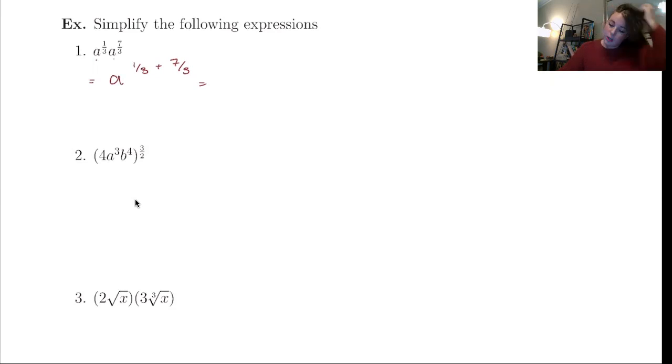All right. So, if you skipped over our pre-algebra review and you forgot how to add fractions, no worries, because this one's pretty easy. Since the denominators match, I can just add the numerators. So I get A to the 8/3.